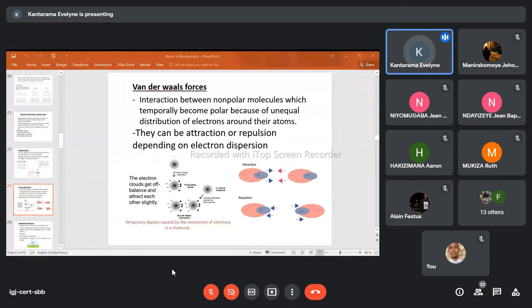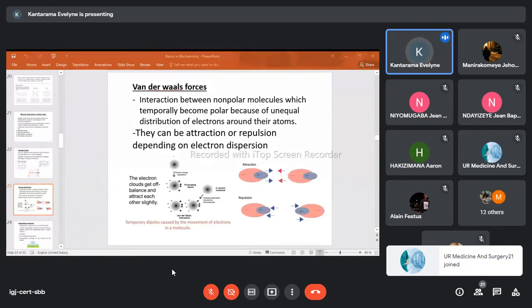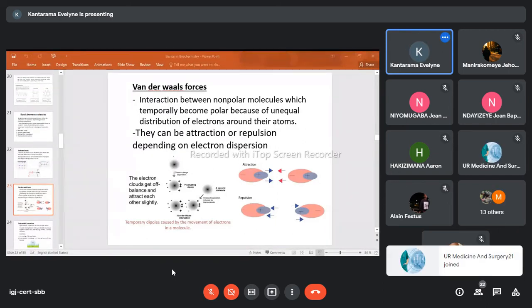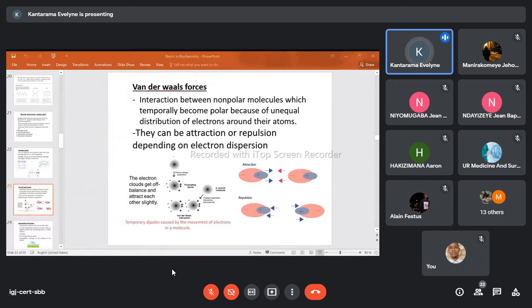If the same happens on the other molecule in the medium, with electrons on one side, then sometimes, if those molecules are together and electrons are distributed in such a way that positive and negative are together, there will be attraction. If electrons are distributed in the way that the same charges are in contact, there will be repulsion.